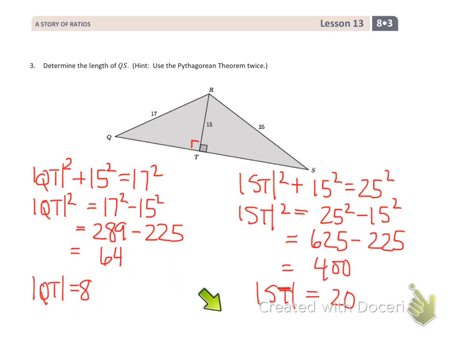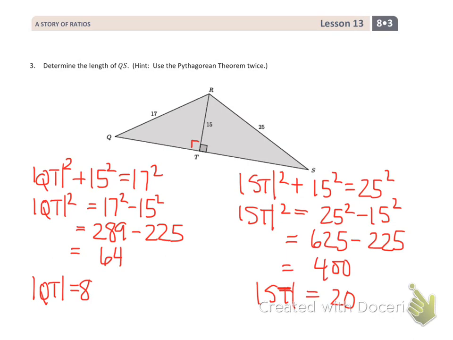Okay, and by a similar plan with this triangle here, the second one, I get ST squared plus 15 squared is 25 squared. Solve it and take the square root, and I find that length ST is 20. So I was asked to find QS, so all I need to do is add those together and I'll have my result.